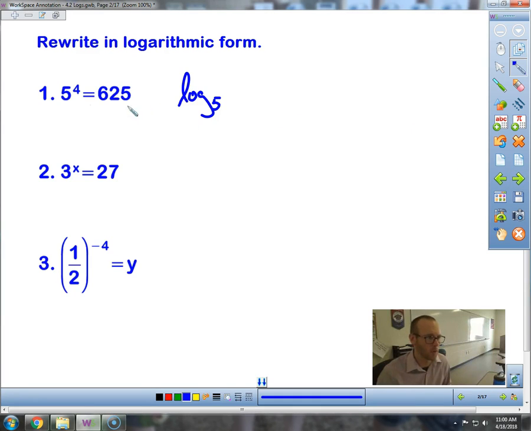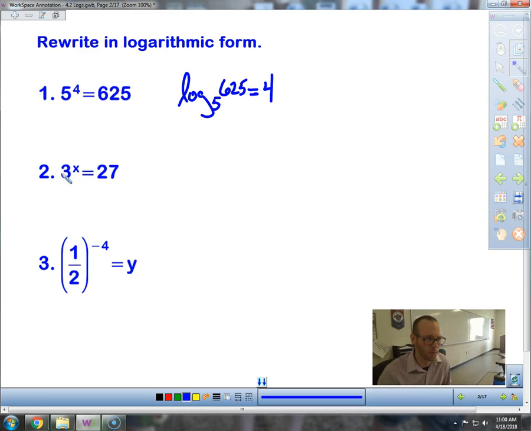So what's our exponent here? 4. So our logarithm has to equal 4. What's left to fill in? The 625. 5 to the 4th equals 625. The log base 5 of 625 equals 4.